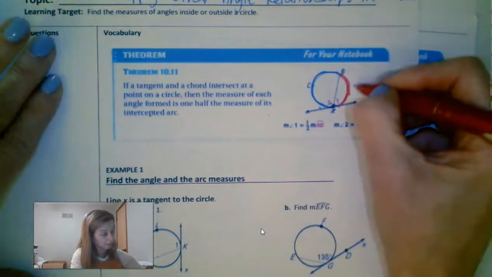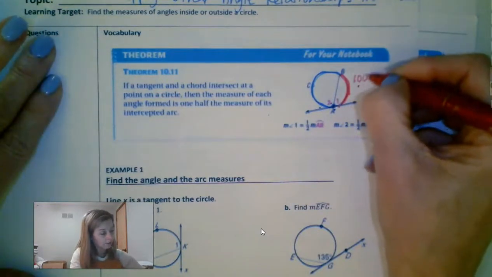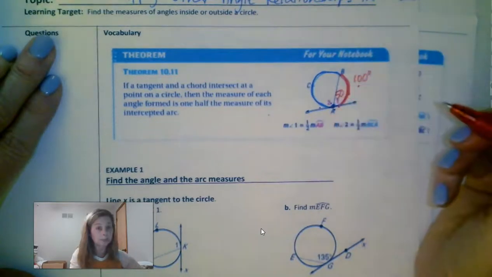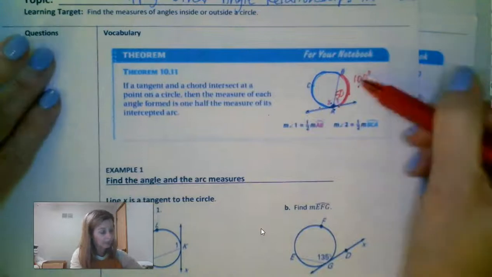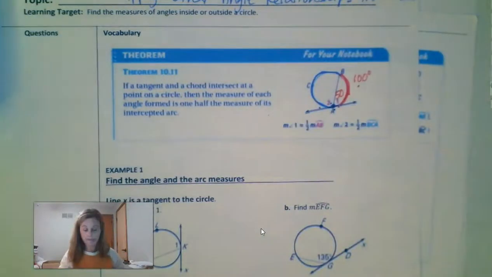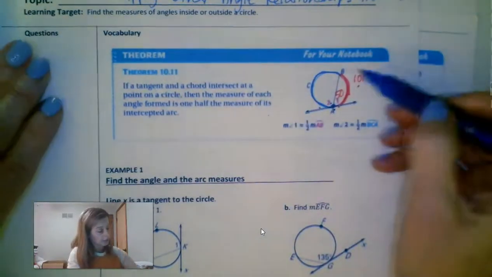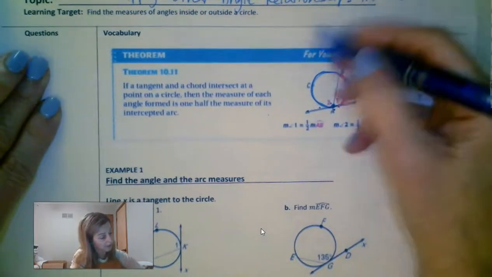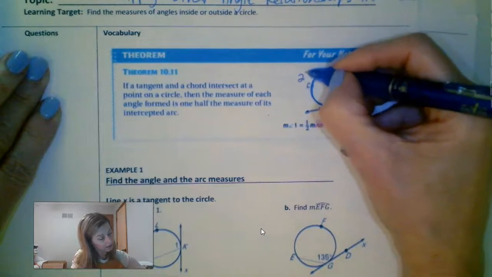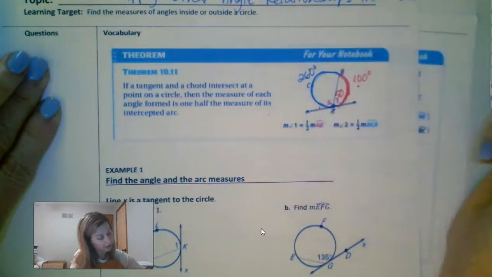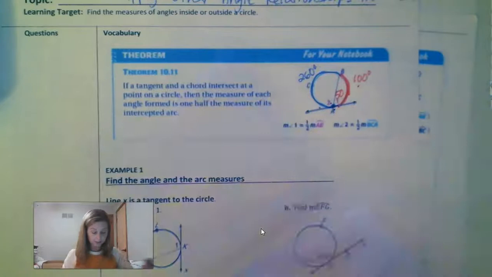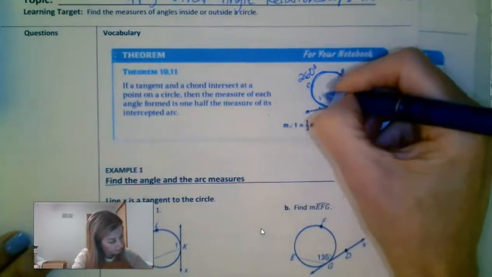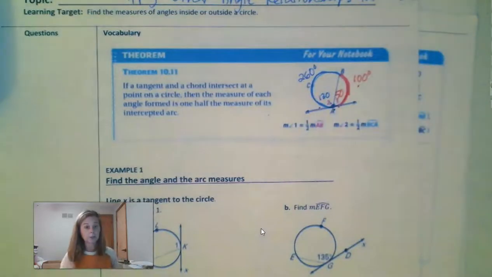Okay, so like for example, if this arc is 100 degrees, this angle is going to end up being 50. Okay, and let's stick with those numbers. So if that arc is 100, and I know that an entire circle has 360 degrees, that means that leaves 260 degrees on this arc, okay? And so if you take 260 and you divide by 2, this angle is 130.